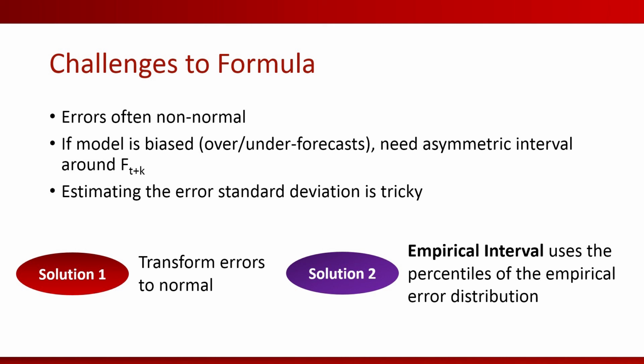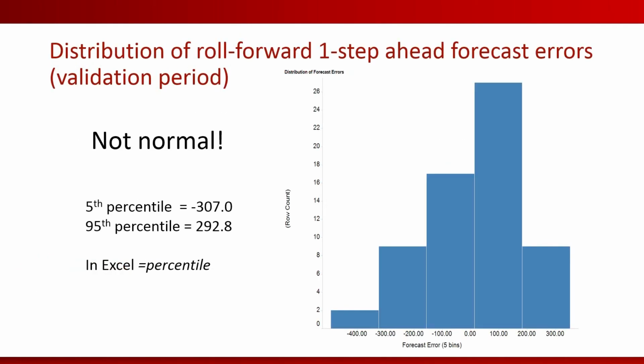Let's look at a little example. Here's a histogram of forecast errors from a certain forecaster. And we can see clearly that the histogram is not symmetrical. It's missing the right tail. So we have a left skewed distribution with forecast errors going all the way down to -400, but only up to 300.